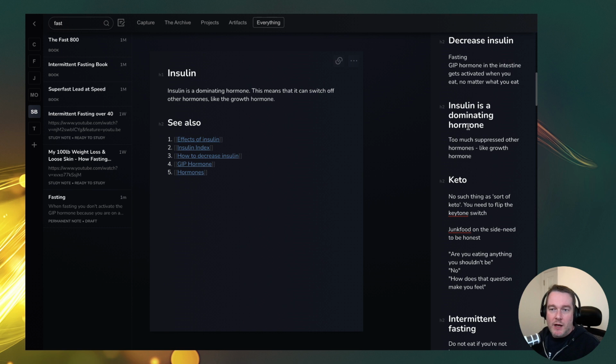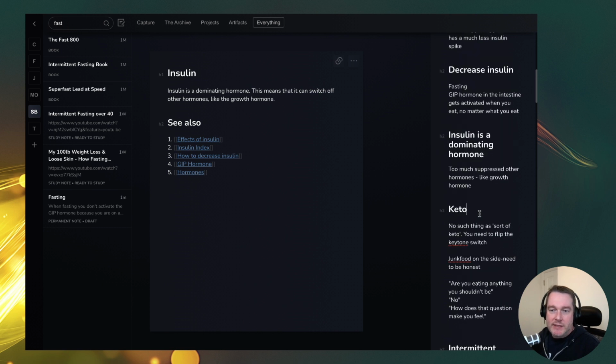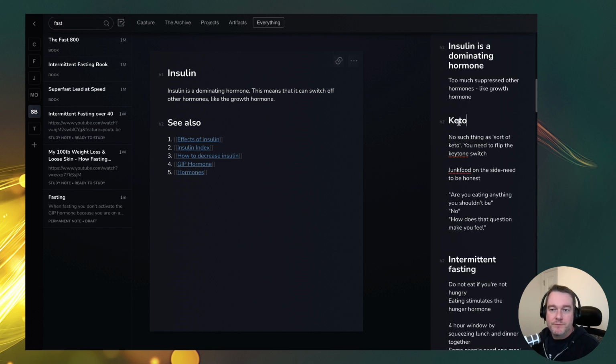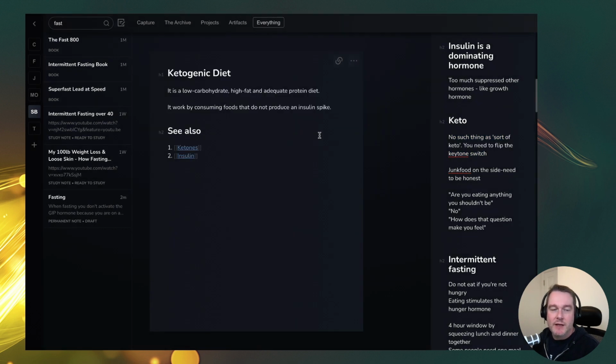Okay, did we skip down? We've done the insulin index, keto. So let's go back to the ketogenic diet. Considerations of the ketogenic diet. Again, if there are more considerations, that could be pulled out into its own notes.